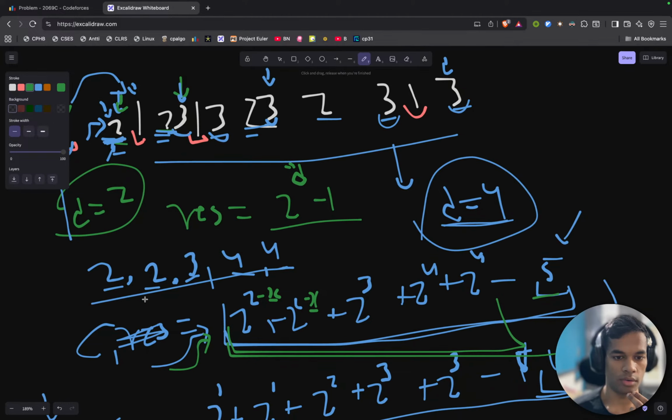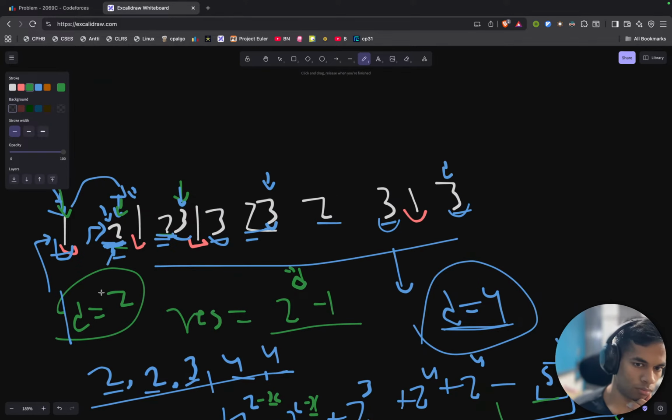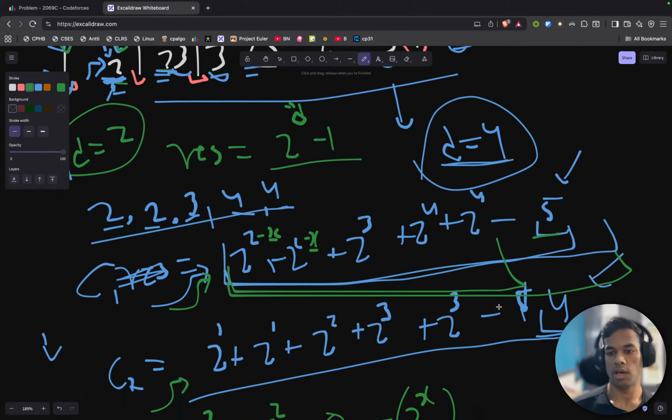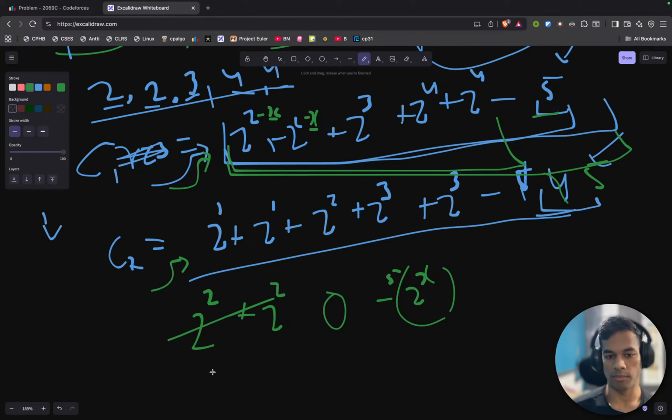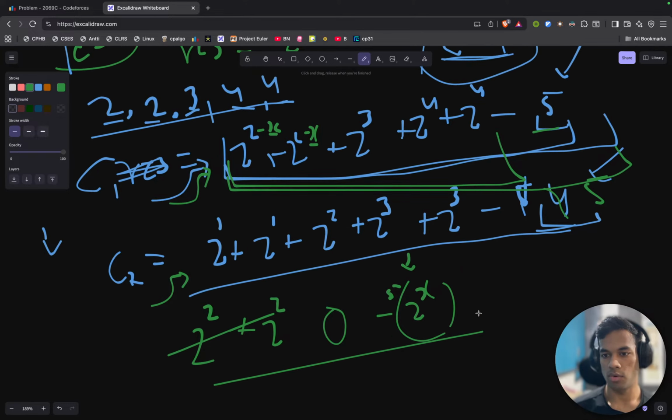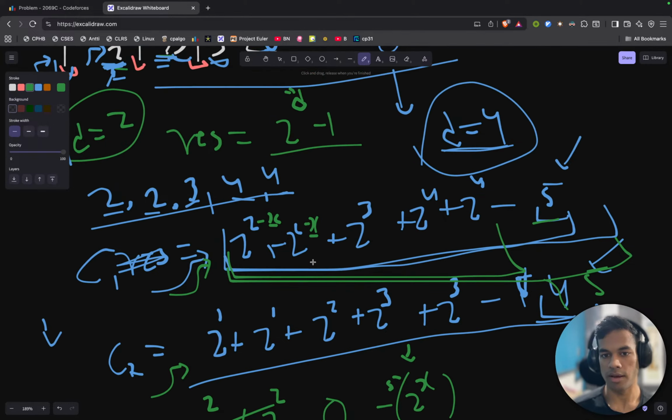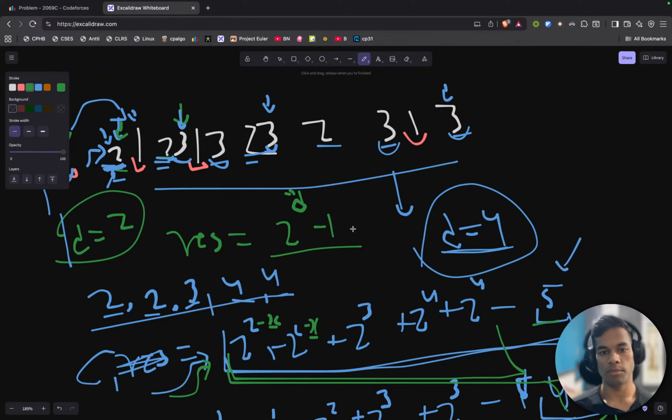This was 1, so 2 power... yes, this will also be 5, and this will be there 5 number of times. 5 is the count of 3's that we have on the right, so that makes sense.